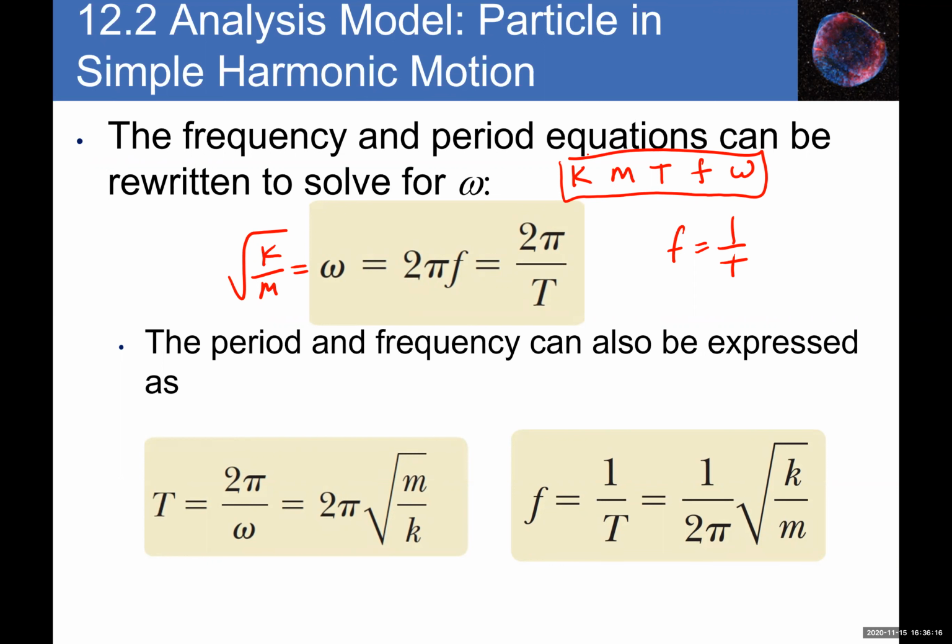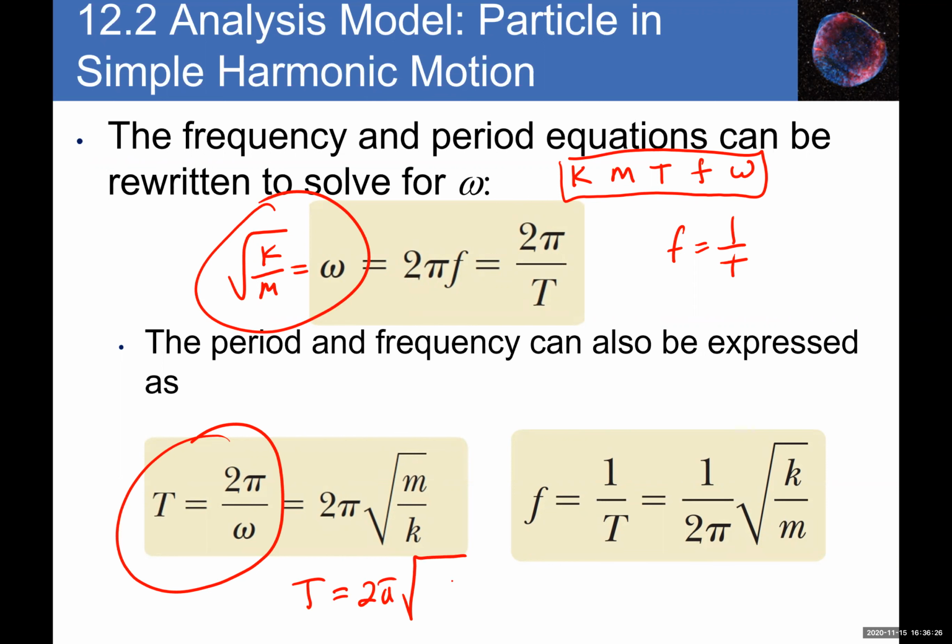All right, so since period is 2 pi over omega, and omega is square root of k over m, then the period becomes, which is the important equation, 2 pi square root of m over k, since it's 1 over omega. That's one important equation because it tells you that how long it takes for the spring to go back and forth depends on only one variable.